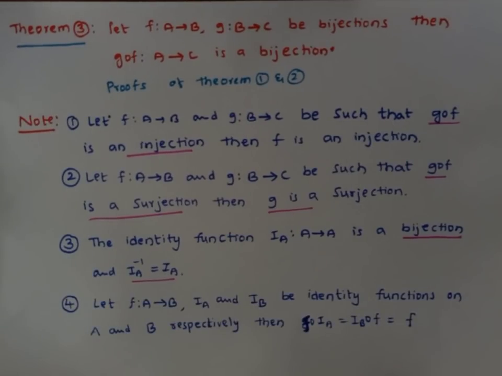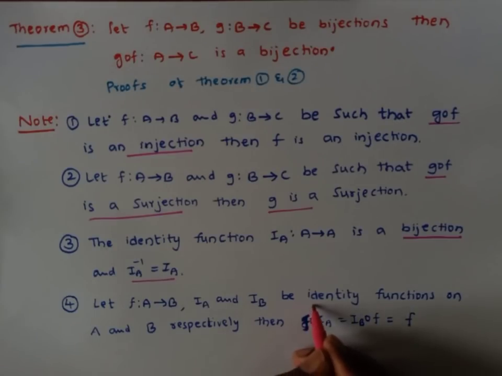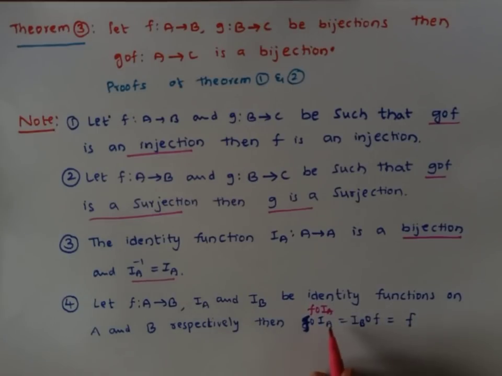Then the fourth one: let f from A to B be a function and IA, IB be identity functions on A and B respectively. IA is the identity on A and IB is the identity function on B. Then f compose IA is equal to IB compose f, which is always f.